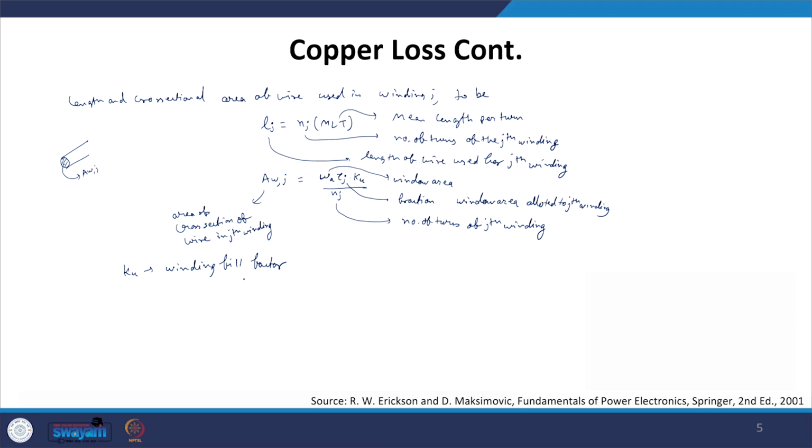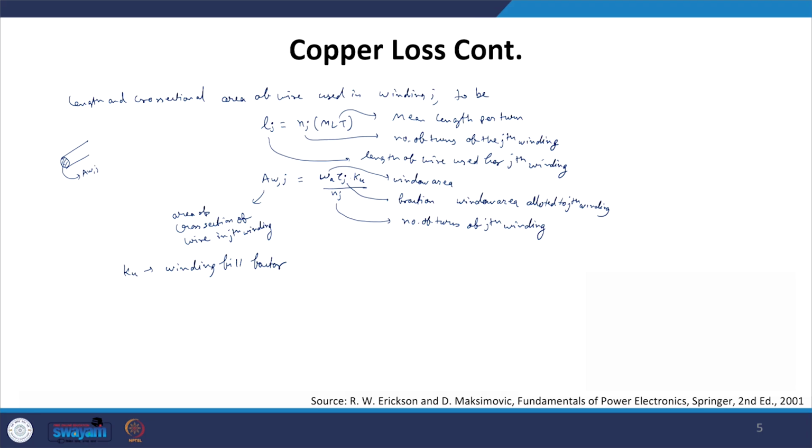Now, this winding fill factor will be less than 1. Why? The reason for introducing this winding fill factor is that the copper wire which we are using to wind the winding has an enamel coating, and so whenever we accommodate those wires within the window area, there are some portions which we will not be able to use.